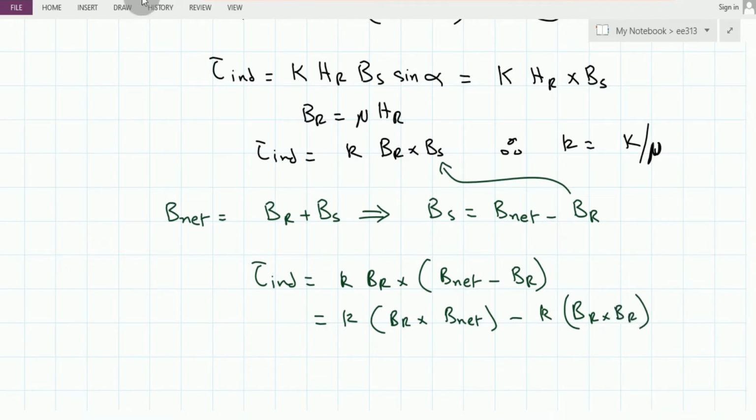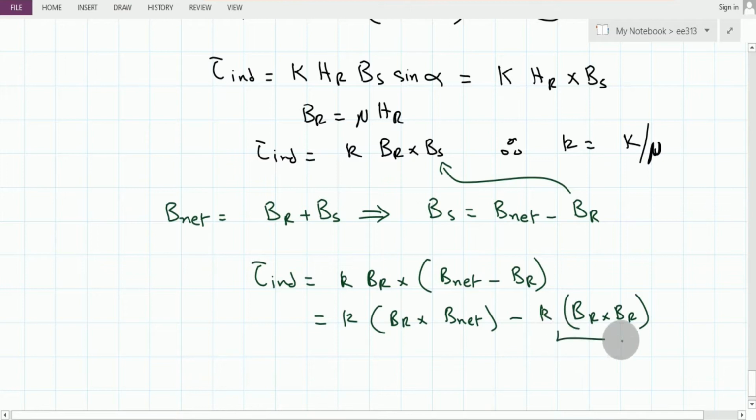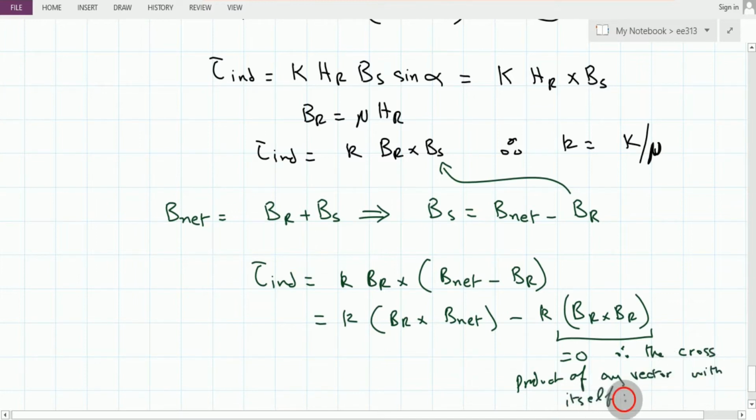And we also know that this is equal to 0 because the cross product of any vector with itself is 0.